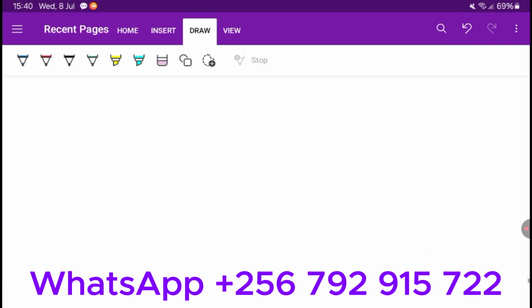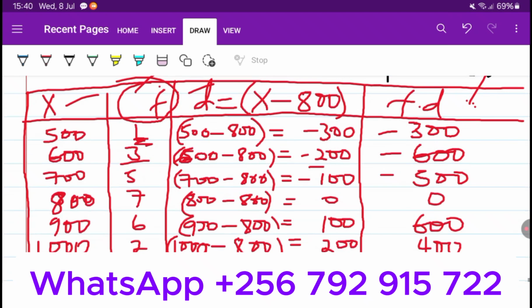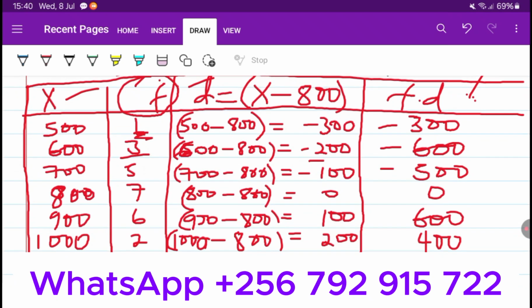So we are going to draw this same table as it reflects here. Then we are going to pick our common factor. If you look at this question, you will see that within our D here, the common factor is 100. There is 100 this side, it's a negative 100, and this side there is. So we can take 100, we can take 200, because there is 200 this side and there is 200 this side.